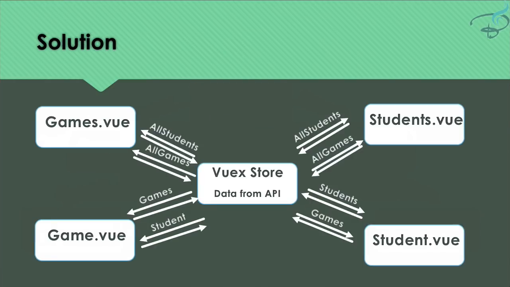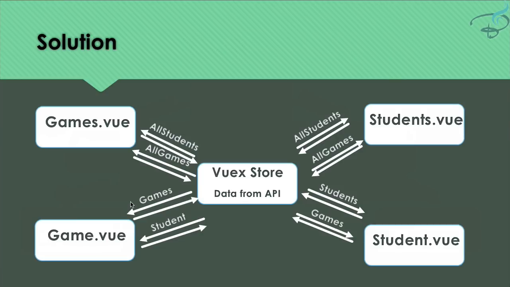So let's go here, and you can see we have a centralized store for Vuex, with data coming from the API. Then each and every component of your application can get and update the data on the Vuex store directly. So the students.view component can change something about a student's information, and that information can be accessed by student.view, game.view, games.view.